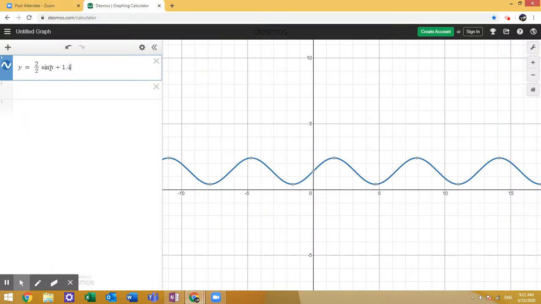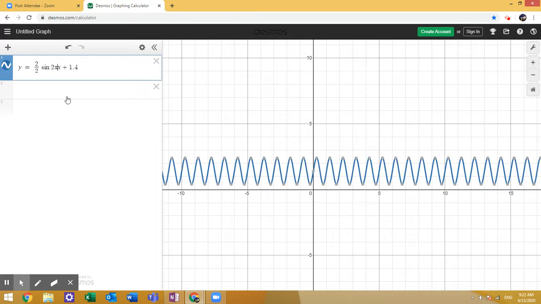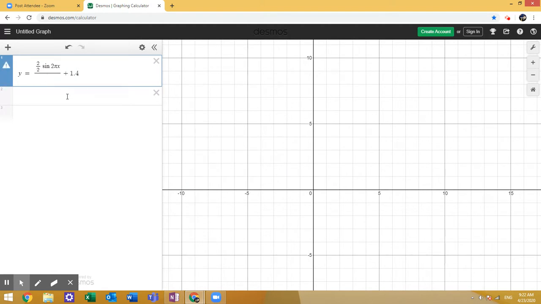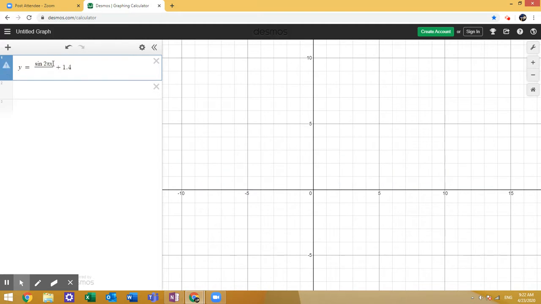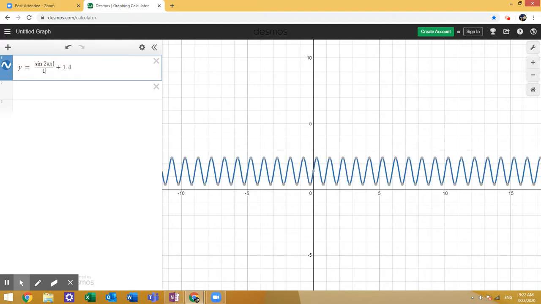I put 2 pi in here to get rid of the 2 pi from my graph, and I'm going to put this over. Ooh, it's going to go in the wrong place. So I might just get rid of that for the moment until I can fool my graph into doing what I need it to do over 12.